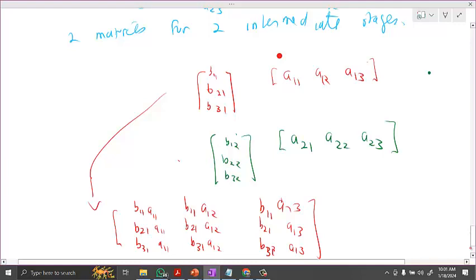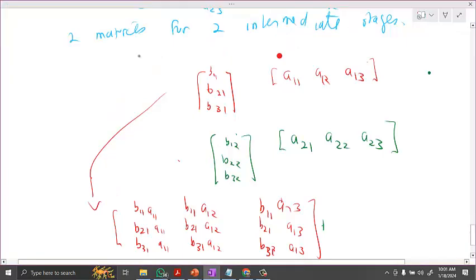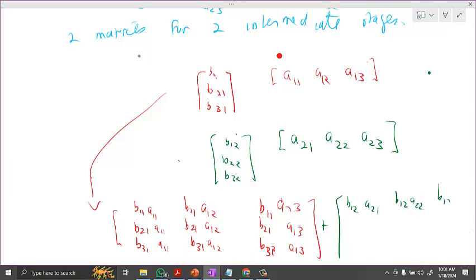Now if I add the green one, what is that going to give me? This is going to be B12A21, B12A22, B12A23. Next one, B22A21, B22A22, B22A23.